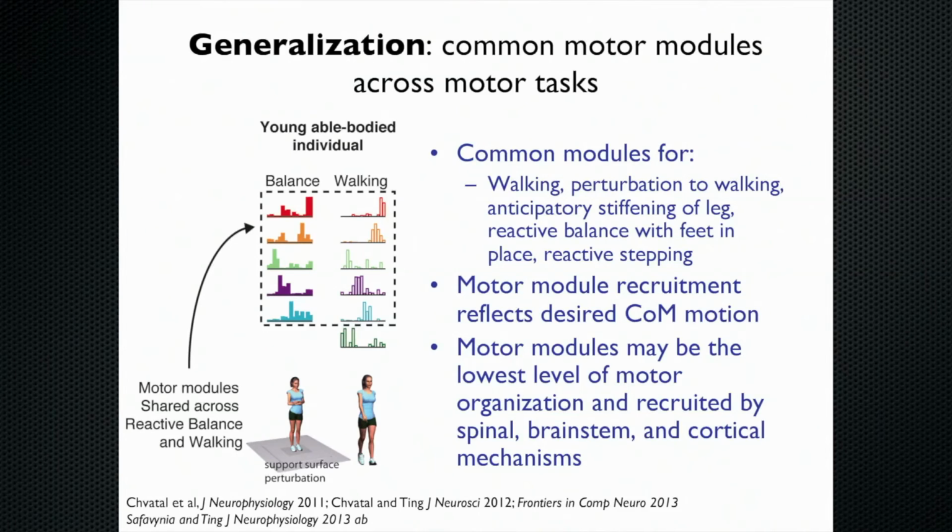And so this is why I say that the modules may be the lowest level of motor organization, one step up from muscles, that allow flexible control of lots of different types of movements that are nonetheless specific to each individual.